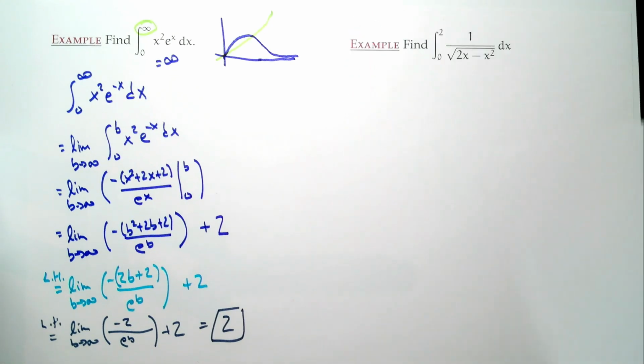Good. Now, this integral. Integral from 0 to 2 of 1 over the square root of 2x minus x squared. All right. What do we do? What do we do? Calculus has been suggested. Yes? We might do some calculus on this problem.